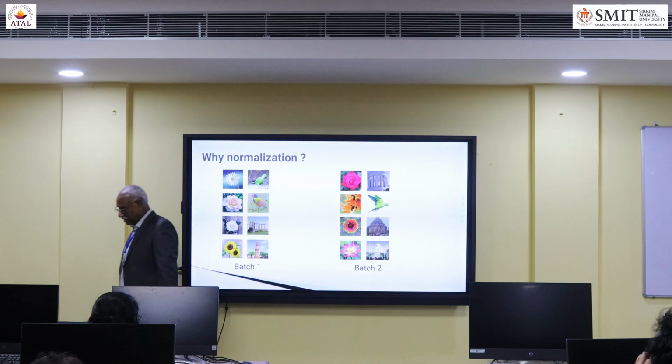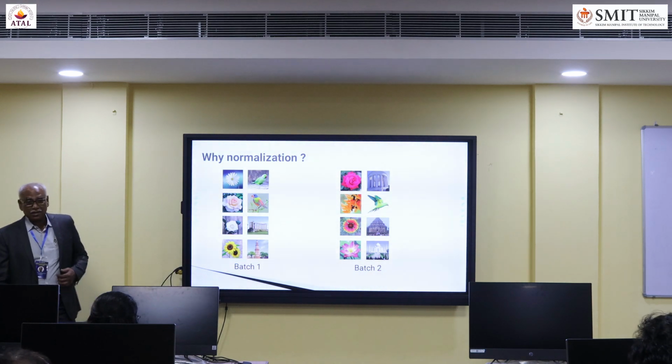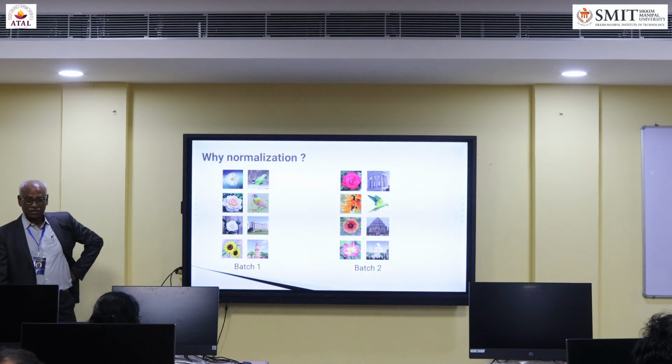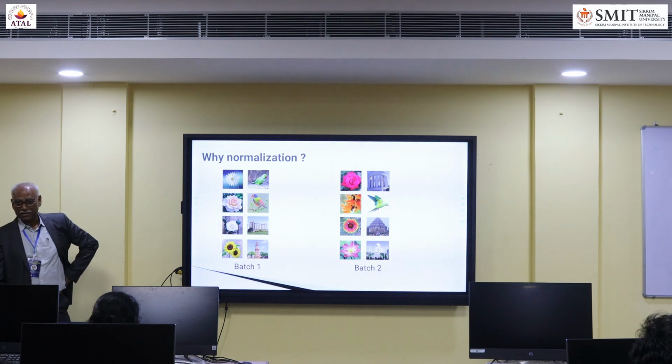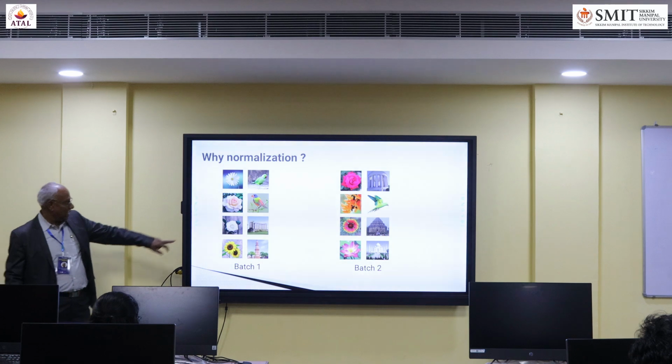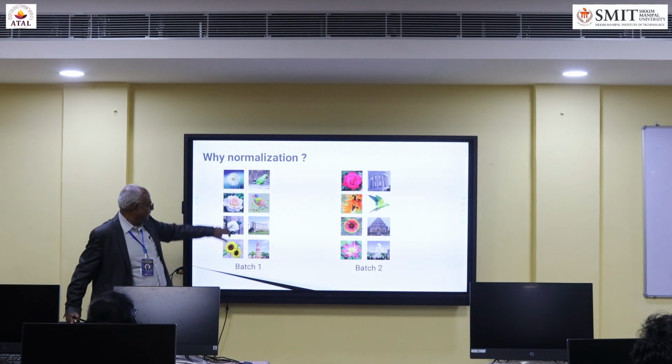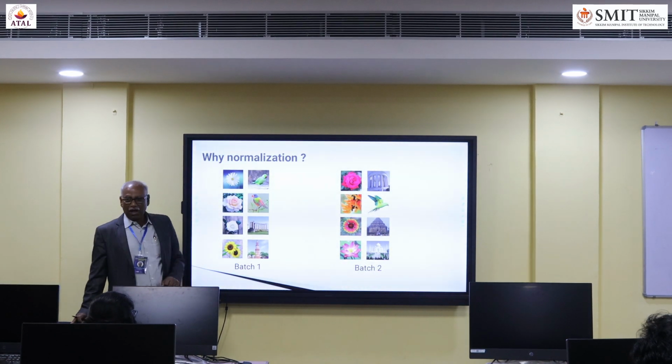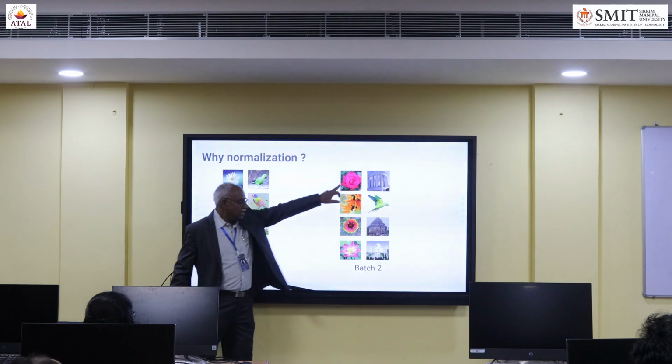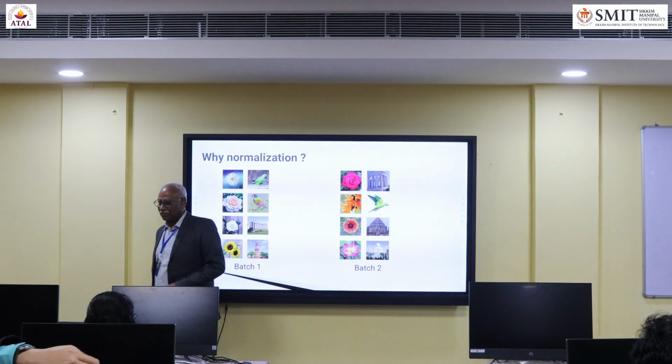Now you find that there is a characteristic difference in the samples that you have taken in the batches. In this batch, these flowers are not very colorful, whereas these flowers are colorful.